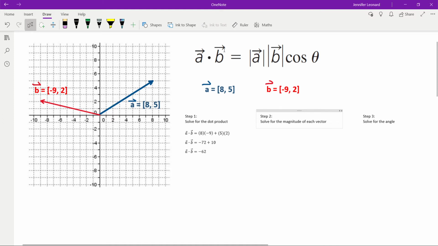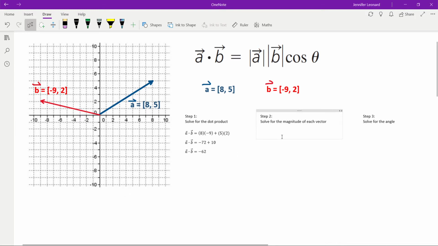So now that this side is sorted out, our next step is to find the length, or the magnitude, of each vector. Our formula for the magnitude comes from the Pythagorean theorem, right? We can think of each vector as a right triangle. We square its x component, square the y, and then take the root of that.